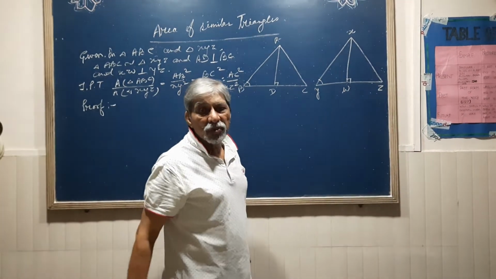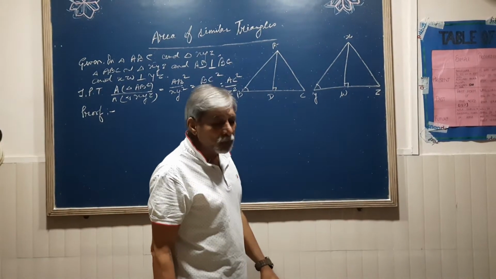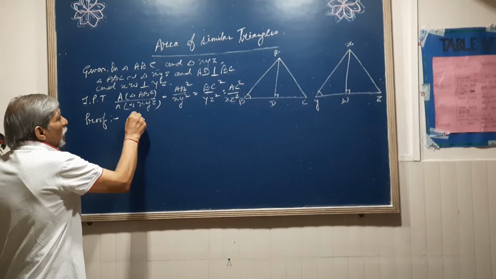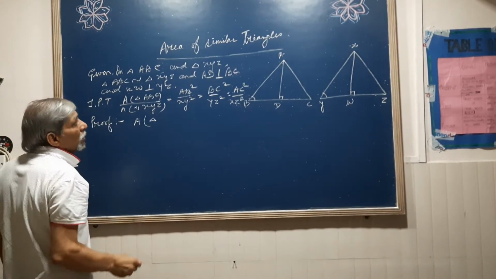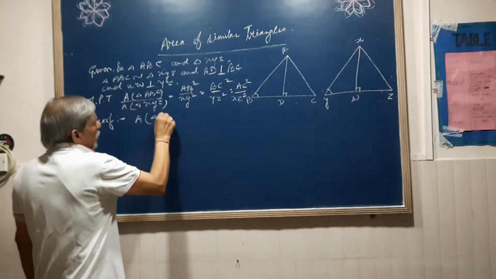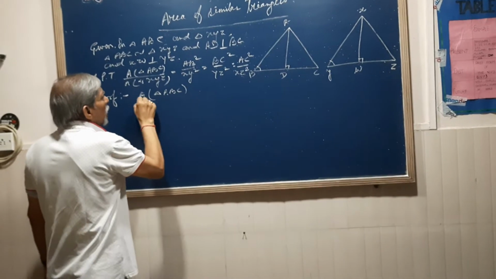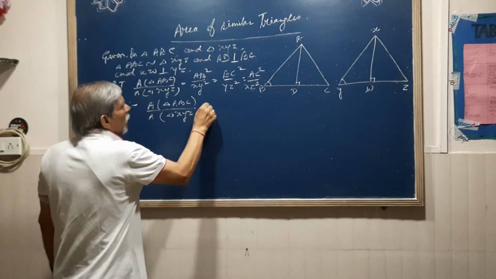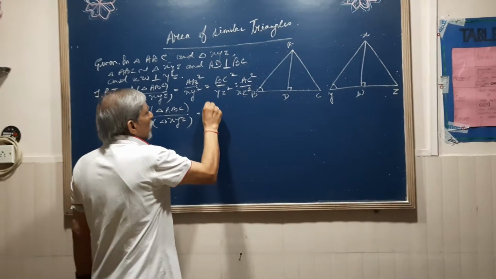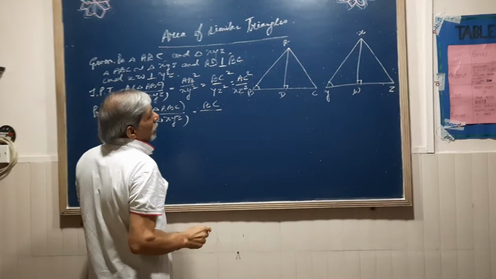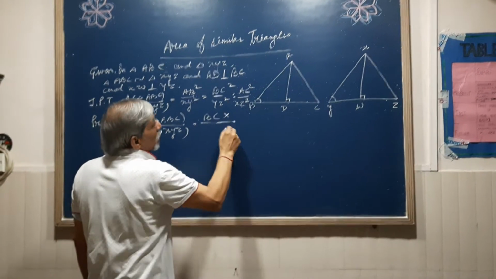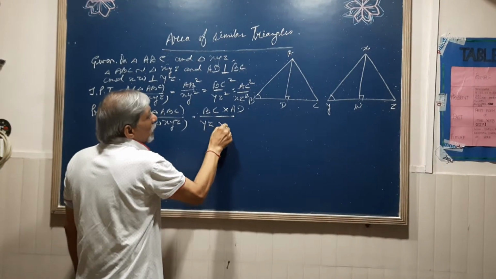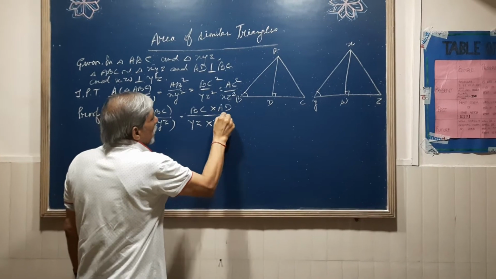And just equate the three equations we discussed right now. Let us write it down. Area of triangle ABC upon area of triangle XYZ is equal to BC into AD upon YZ into XW.